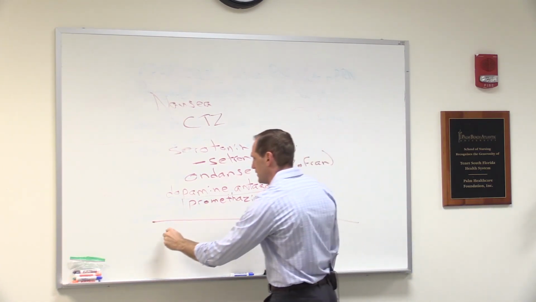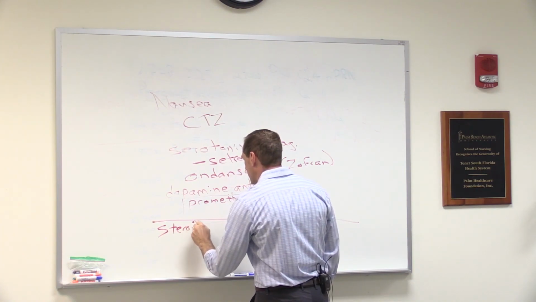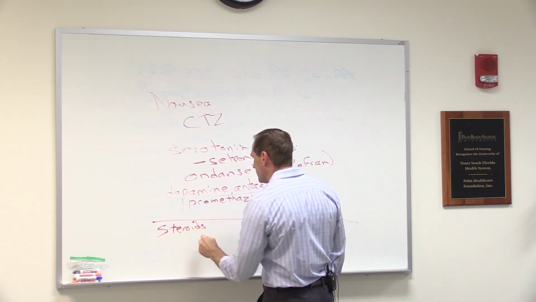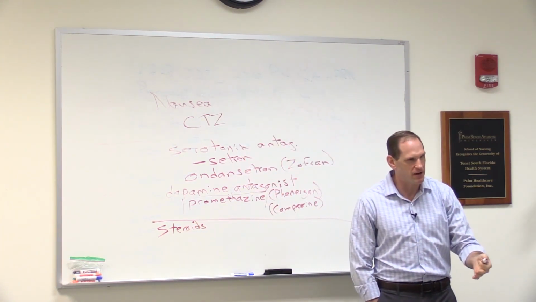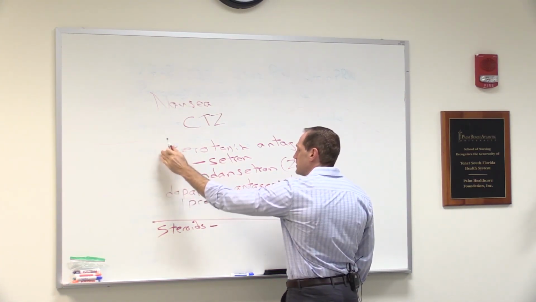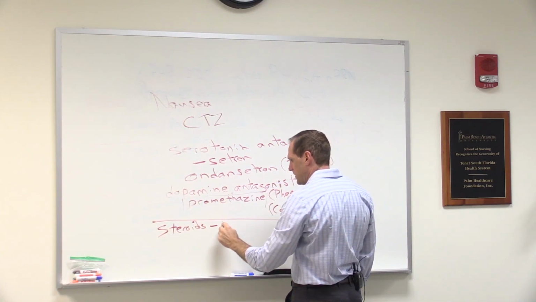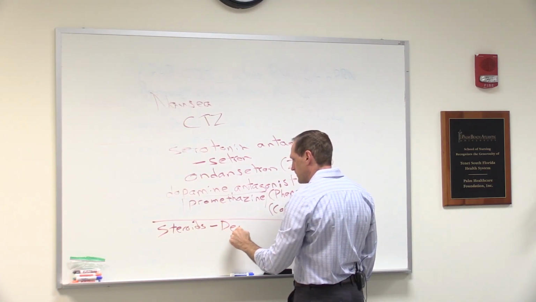So the main one there is steroids. Steroids by themselves don't necessarily cause that much of an antiemetic effect. But when you combine them with these drugs, you get a much better effect. So that drug name is going to be dexamethasone.